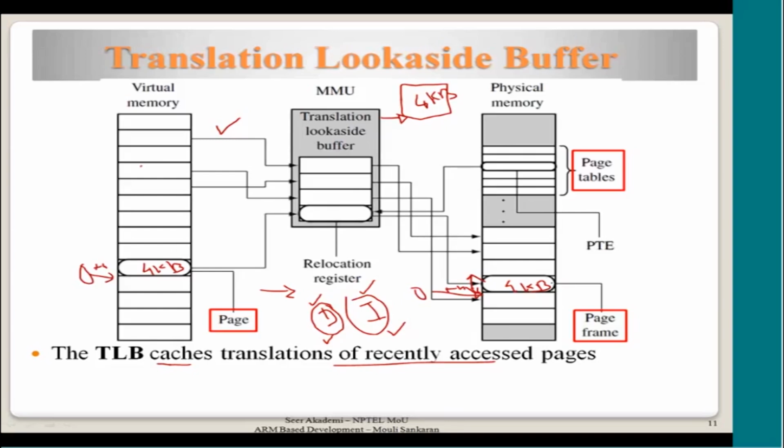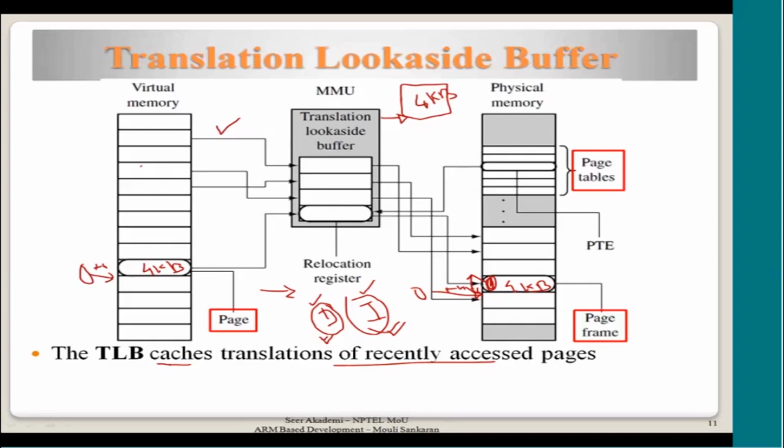And you know that because of the locality of reference, or nearness, most of the addresses, whether instruction or data, will be within the page. So every time another instruction or data is accessed, we don't have to newly find out the translation.